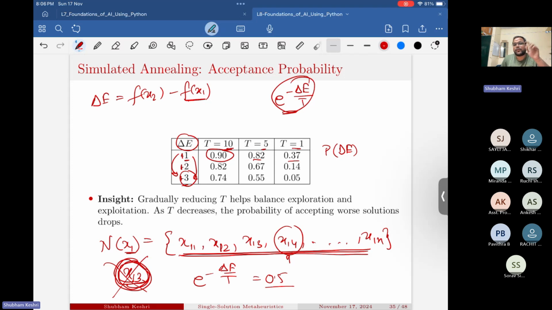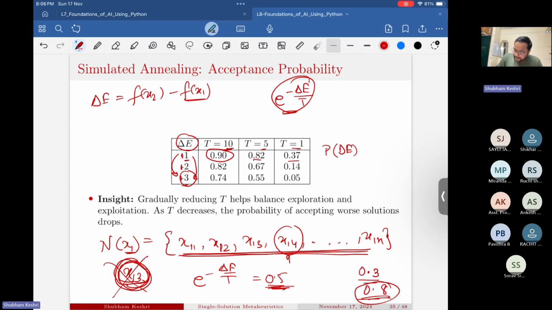It will use a random number generator and see what random number came. Suppose it came 0.3. This 0.3 is less than 0.5, so it will not pick x13. Suppose the random number generator gave 0.8. This is more than 0.5, so it will say okay, go to x13. This is how you do it in a computer.